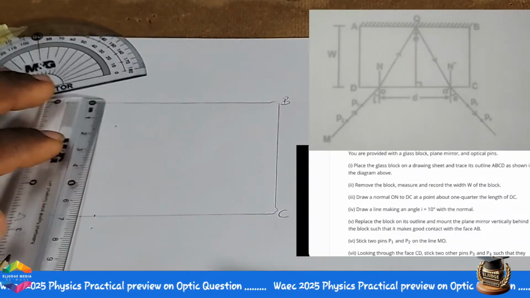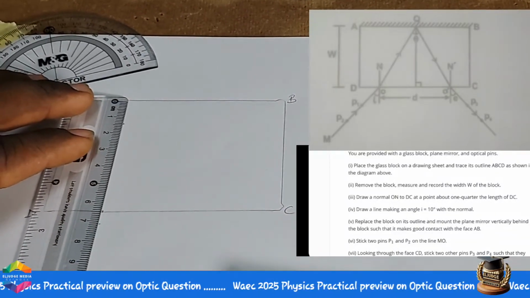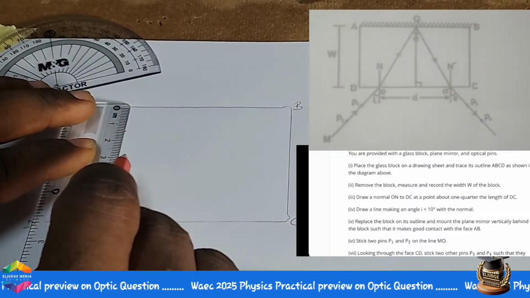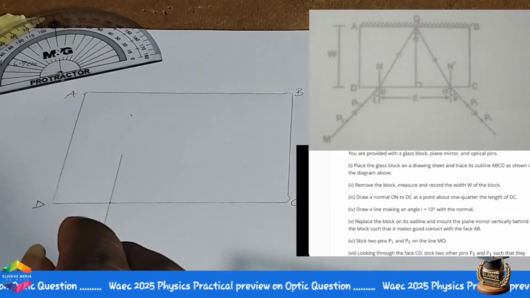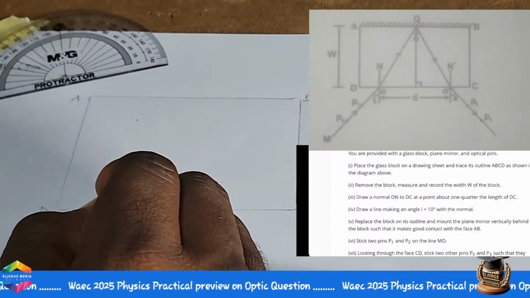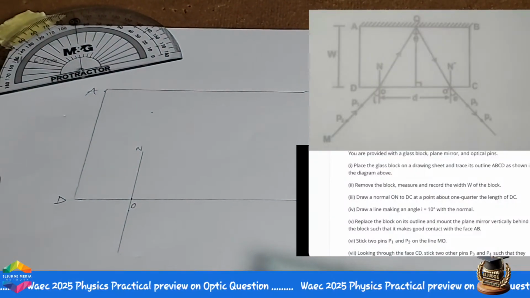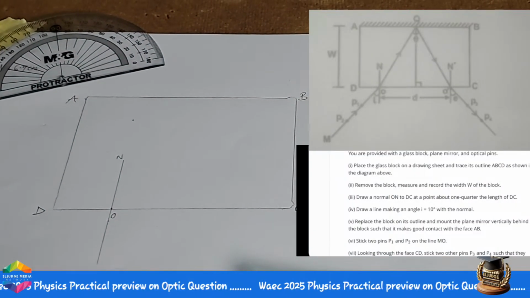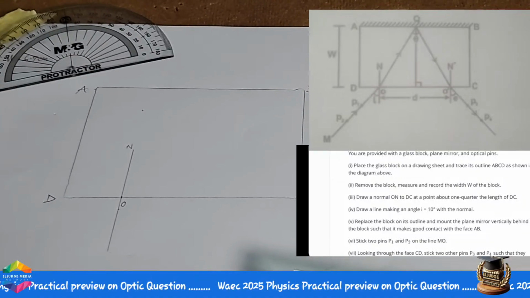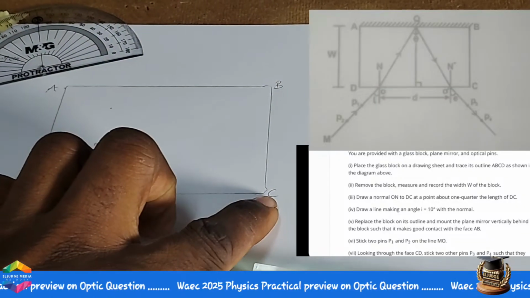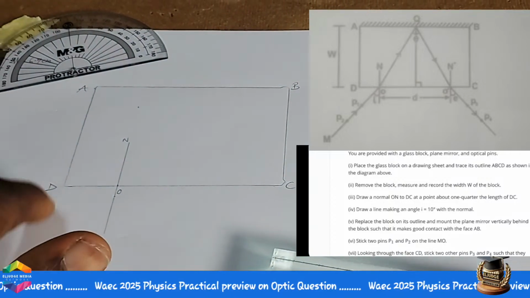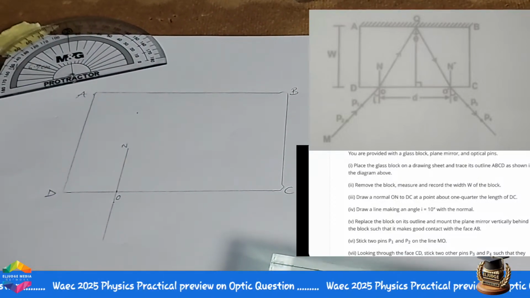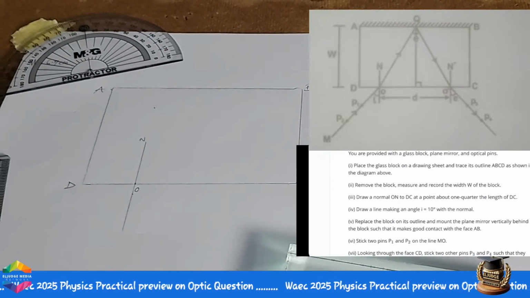So we can draw our normal, this is normal NO. If you do that, then the question says draw a normal NO to DC. This is the DC. At a point about 1/4 the length of DC, draw a line making an angle i equals 10 degrees with the normal.